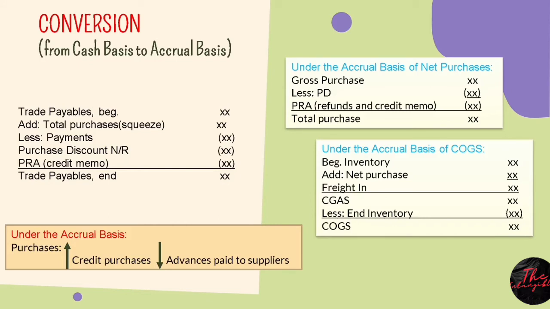Since part of the items in the computation of cost of goods sold is the net purchases. Thus, the accrual basis of cost of goods sold is computed using the accrual basis purchase adjusted with the change in inventories during the period. Lastly, under the accrual basis, the purchases increase by credit purchases and decreases by advances paid to the supplier.